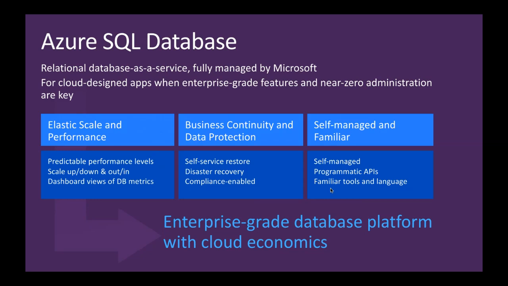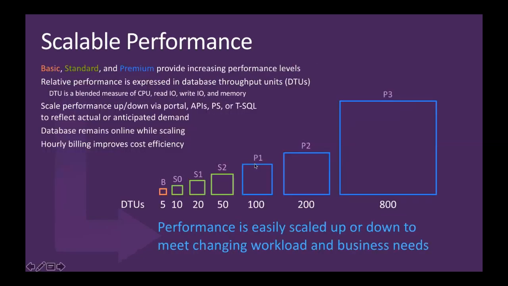So now, moving right along. This is how the scaling works in Microsoft Azure SQL databases. You have the basic SKU, the standard SKU, and the premium SKU. On the basic SKU, it's measured based on the database transaction units, the DTUs.